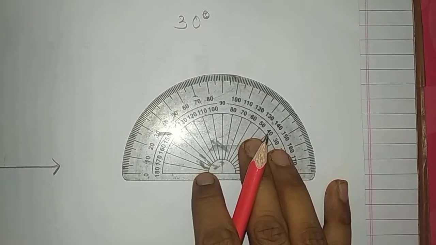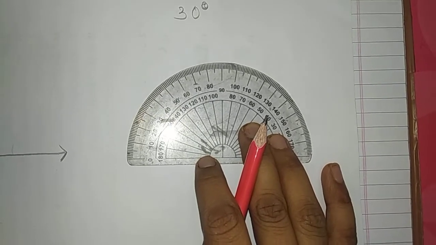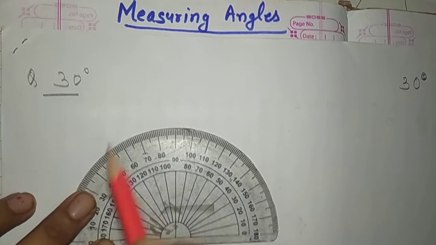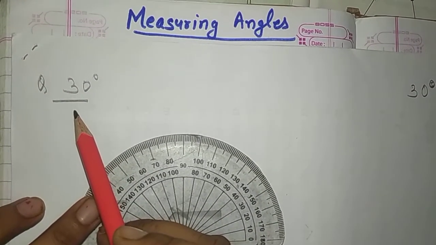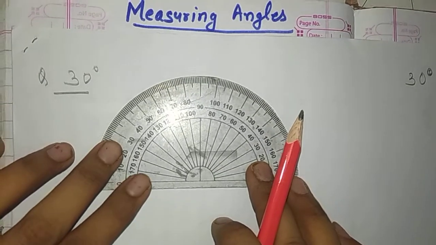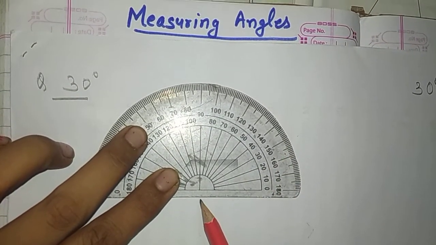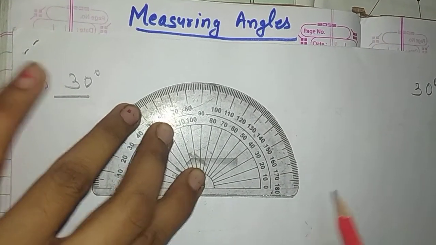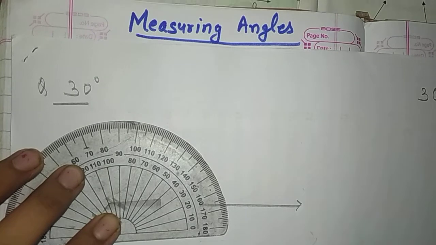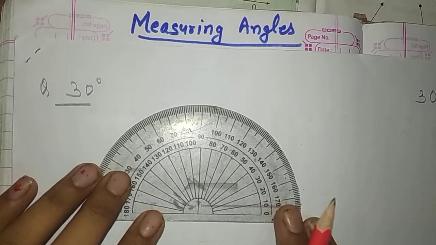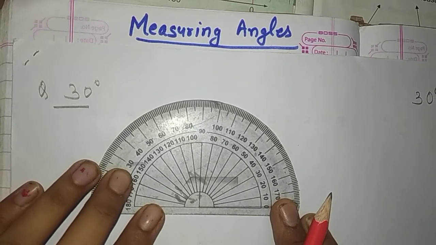Now the measurement is 30 degrees. How to measure this angle by using the protractor? Take the protractor and draw a line by using it, and put an arrow mark. Again match point to point. I have matched it point to point.